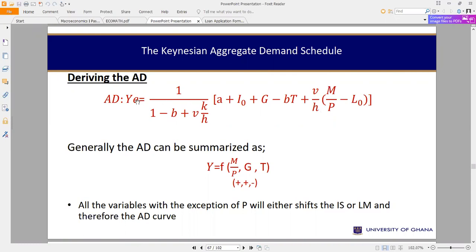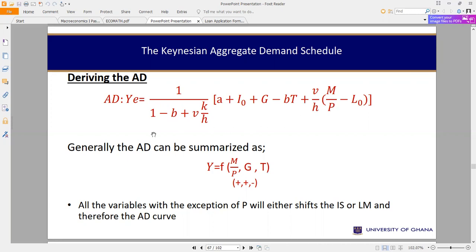You realize that this Y equilibrium is also a function of M over P. So whenever there are changes in M over P, we should expect a change in Y. Whenever there's a change in government spending, we should expect a change in Y. Whenever there's a change in tax, we should expect a change in Y. If there's a change in autonomous consumption or autonomous investment, it should affect Y. But we are only taking G, T, and M because these are the policies. G and T are for fiscal, and M over P is for the monetary.